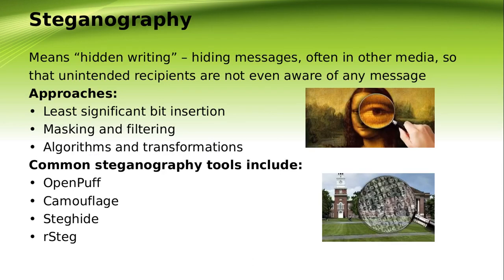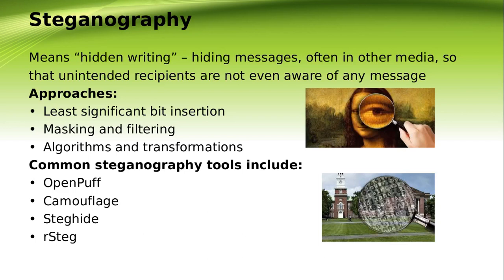And then steganography, which means hidden writing, hiding messages in an image, picture, or other media, so that unintended recipients are not even aware of any message. Normal people cannot find that hidden message.